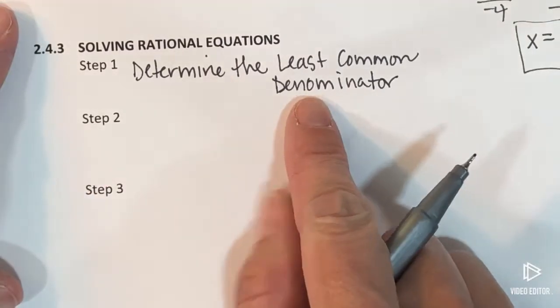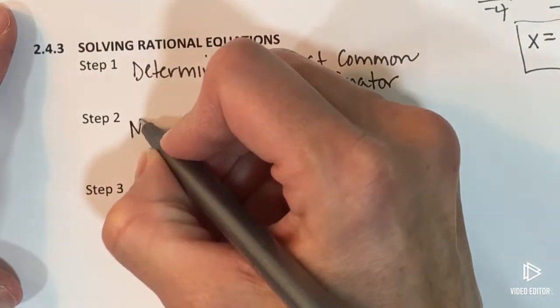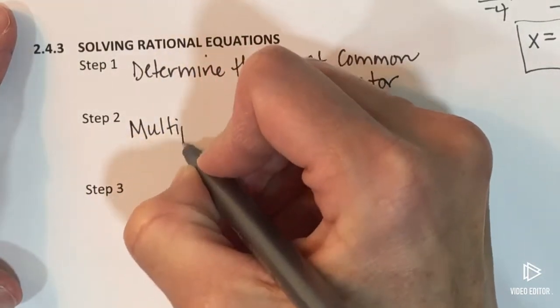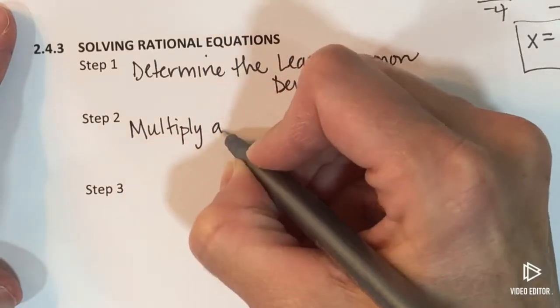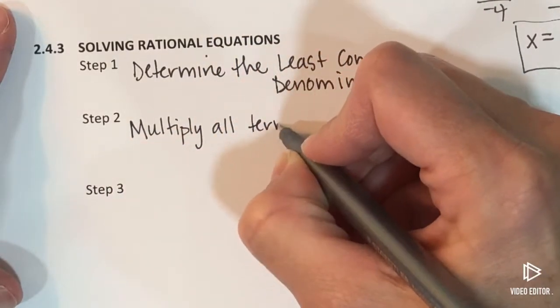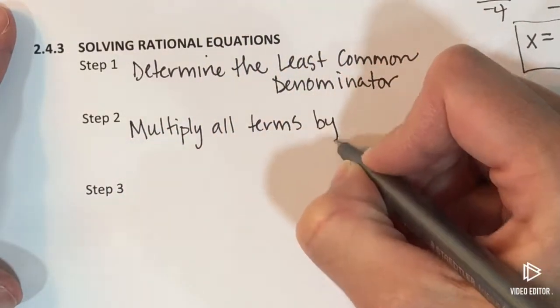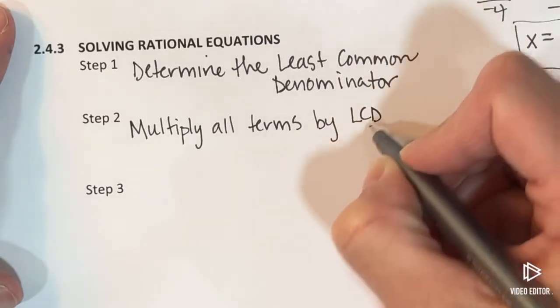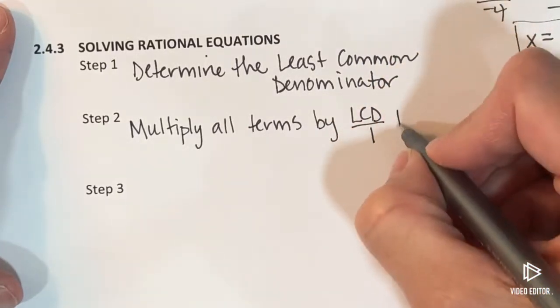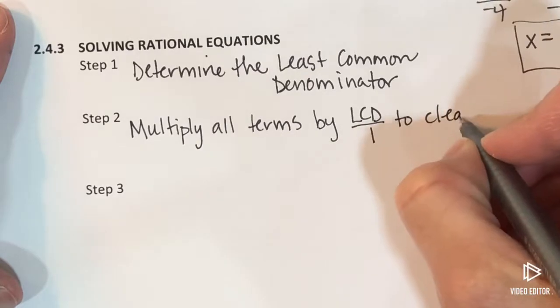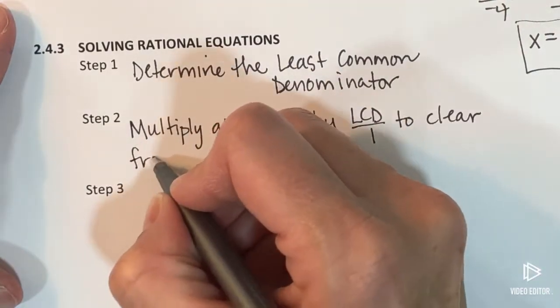After we find our least common denominator, you're going to multiply all terms by that least common denominator. I'm going to call it LCD over 1 to clear fractions.